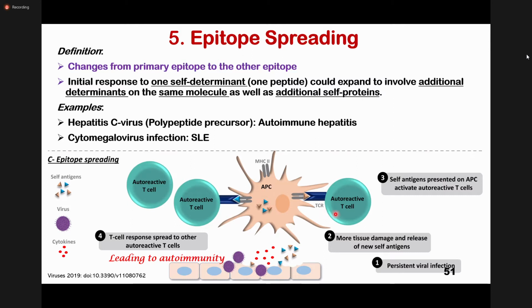Then we have the self-antigen presented to the APC. Here is your APC presenting to T cells. The T cell response spreads to others, and here the epitope binds other autoreactive T cells, causing you autoimmunity. So that is the spreading of the epitope.